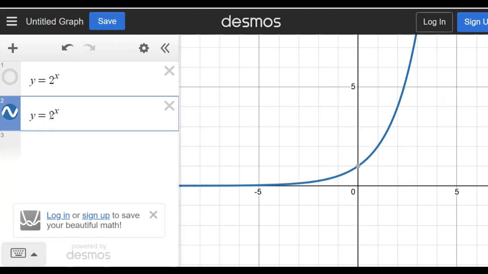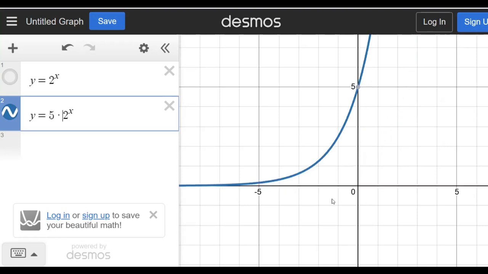Now let's multiply the base. Let's do a 5 times 2 to the x. And I'm going to go ahead and turn on my 2 to the x again. There. You can see the 5 is causing this thing to rise a whole lot more quickly. We still have an asymptote on the x-axis at y equals 0, but now our y-intercept is at the point (0, 5).